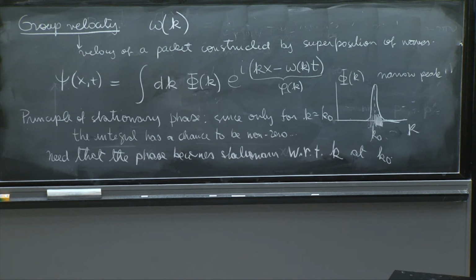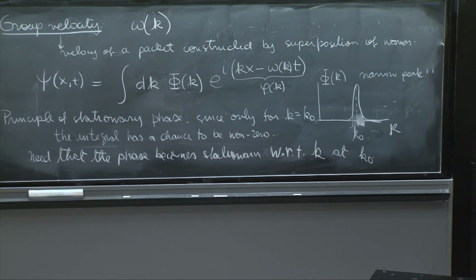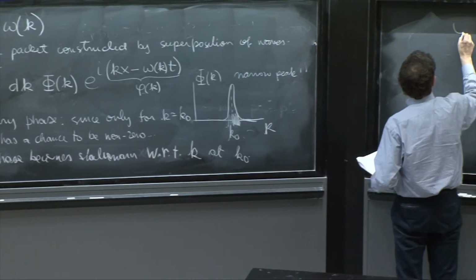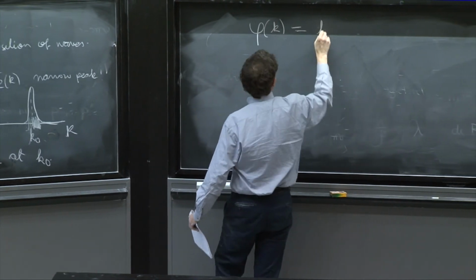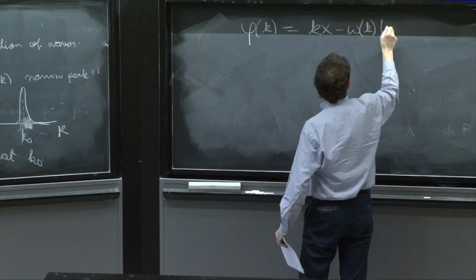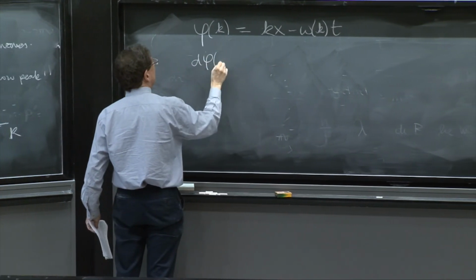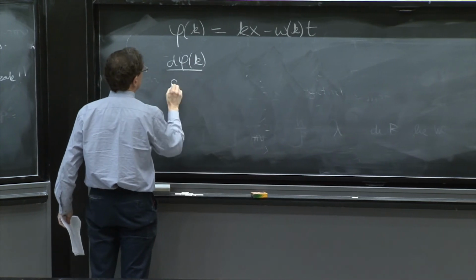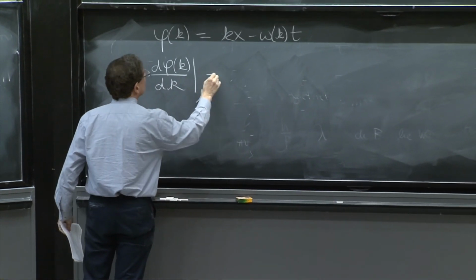So being roughly stationary will give the following result. The result is that the main contribution comes when the phase phi of k, which is kx minus omega of k t, satisfies the condition that it just doesn't vary, it has zero derivative at k naught.